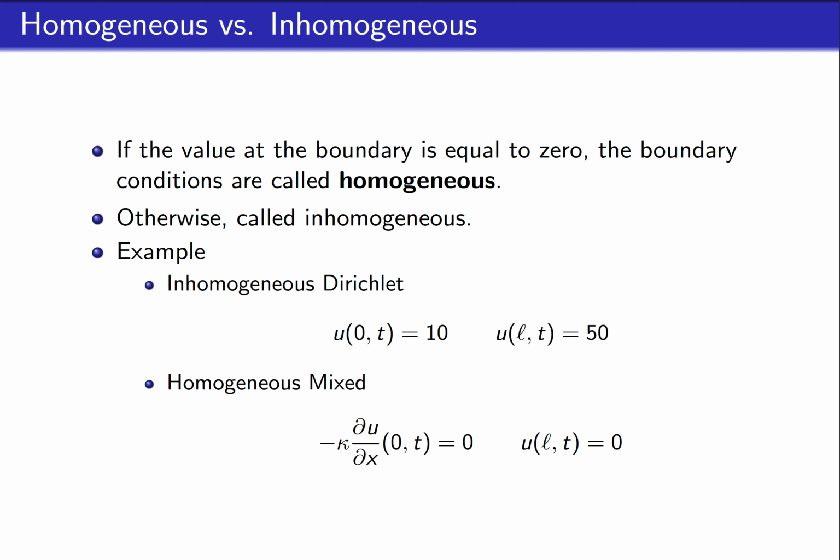So it's Dirichlet since we are setting the value of the function itself, and it's inhomogeneous because we're not setting it to 0. Our second example is an example of a homogeneous mixed boundary condition. It is mixed because we have a Neumann boundary condition at x equals 0 and a Dirichlet boundary condition at x equals L, and it's homogeneous because both of those values are being set to 0.